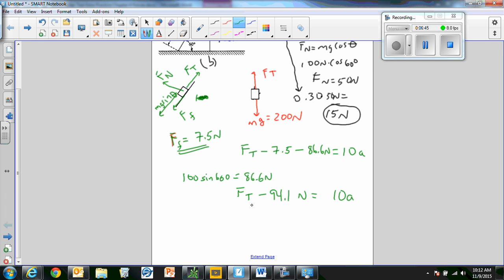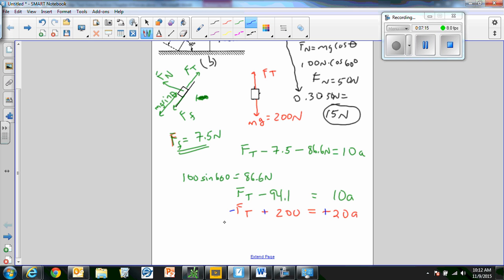Then my red equation would just be Ft minus 200 equals negative 20a. Remember, this is now 20 kilograms. I'm going to multiply through by a negative, or you guys can use substitution if you'd rather.